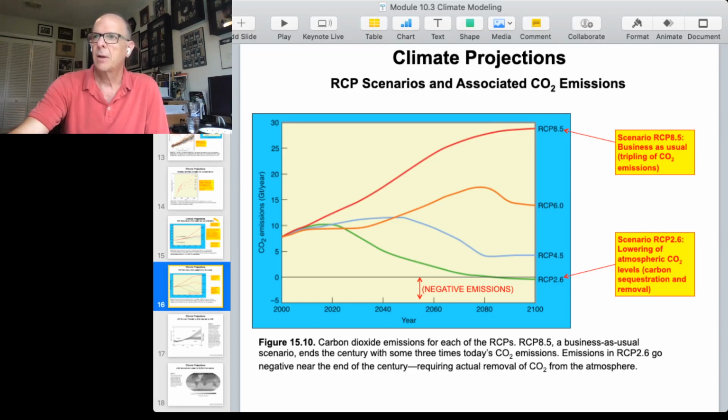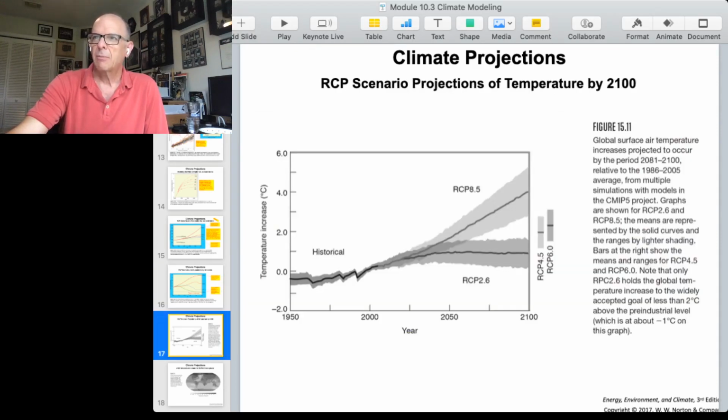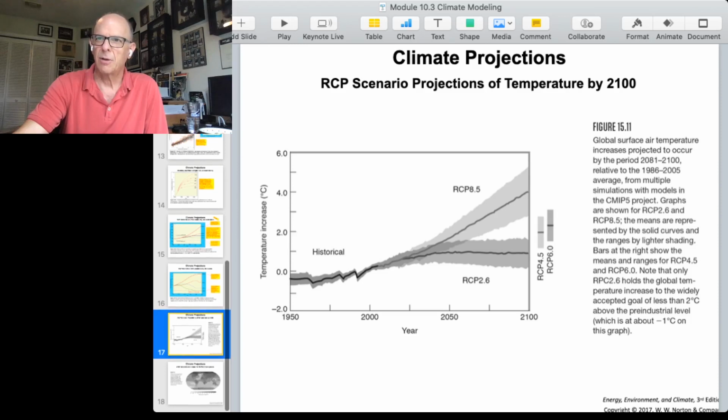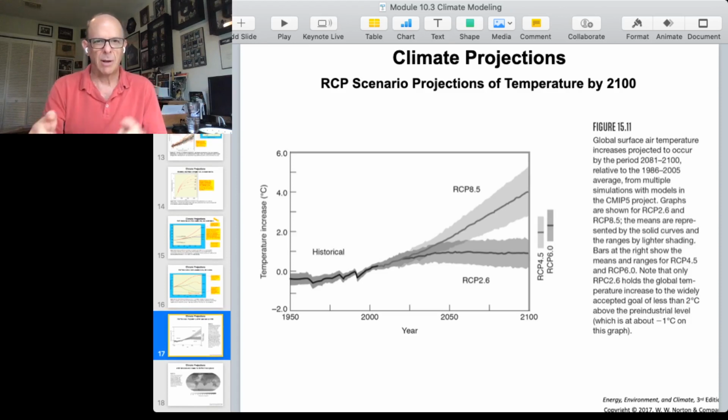So that is basically an overview of the agreements and uncertainties and level of fidelity that you can get from these atmospheric climate models, and how the different projections are basically affecting the knobs that you turn on those climate models before you run them into the future to see what the outcomes will be.